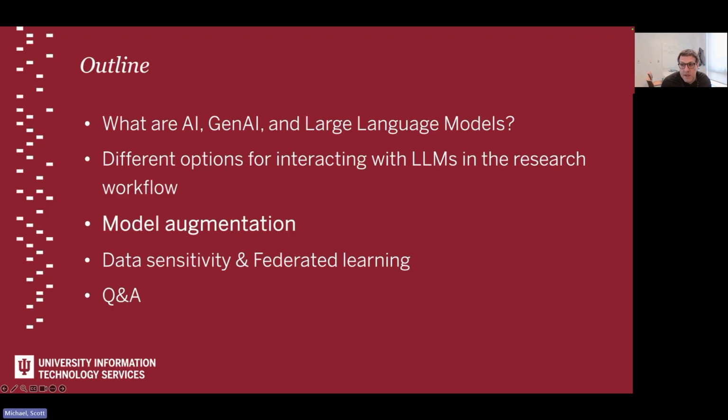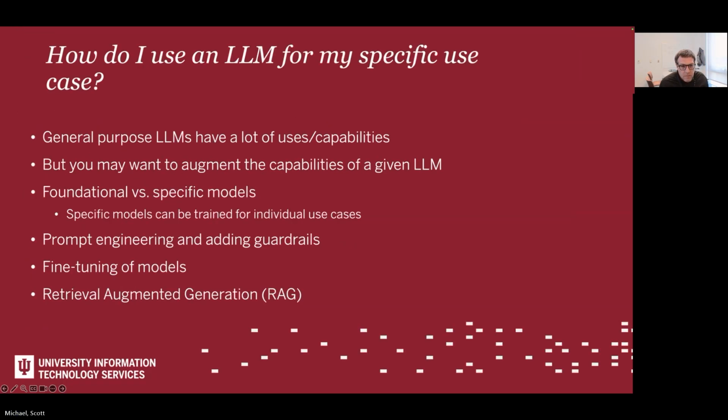If they don't, there are a number of ways to augment those models, or create a model basically from scratch to do whatever it is you need to in your research workflow. So the first thing to start off with is, do you want to take an already existing model and modify it to your particular use, or do you want to create a model from scratch?